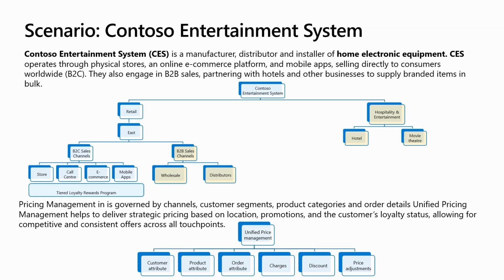Throughout the presentation series, we'll be using this Contoso demo data as our example to show how you can manage prices more efficiently, and whether it's running promotions, offering discounts, or adjusting prices for different products or regions, Contoso's pricing stays flexible and scalable. This way, no matter the channel or customer type, their pricing is consistent across all touchpoints.